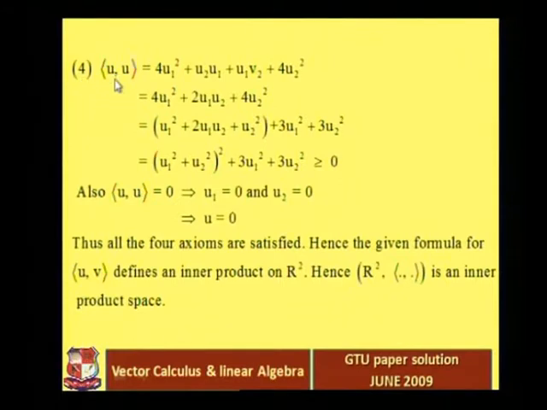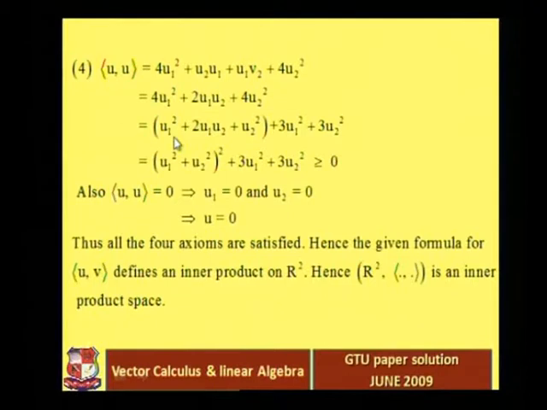The next is the inner product of u with u, that is equal to 4u1² + u2u1 + u1u2 + 4u2², that is equal to 4u1² + 2u1u2 + 4u2².